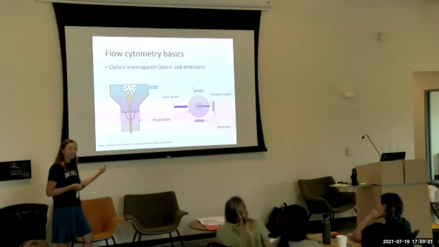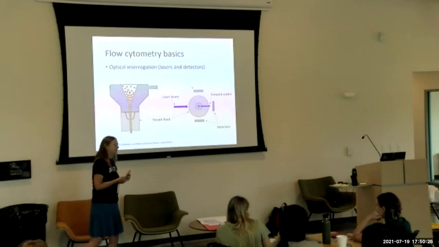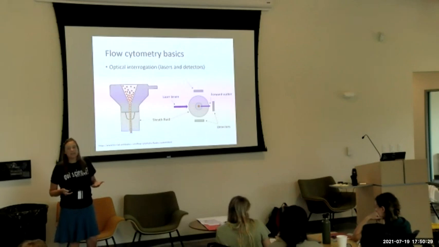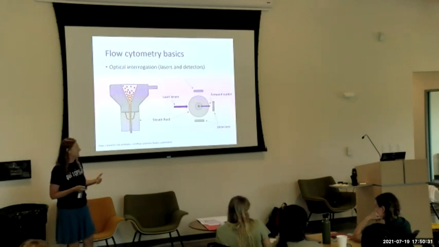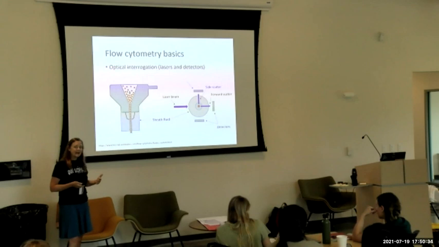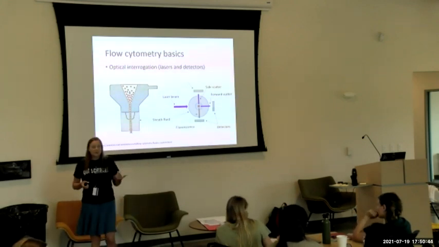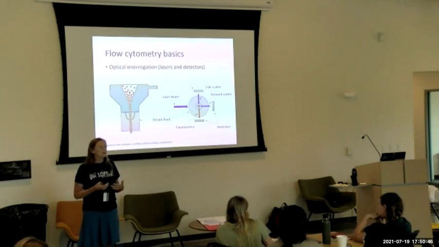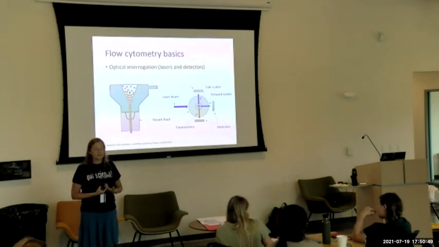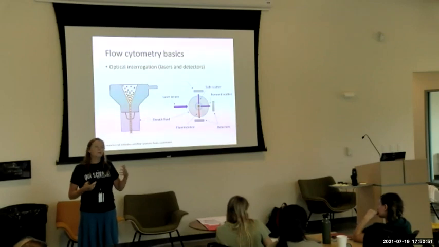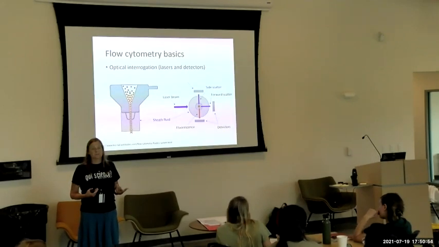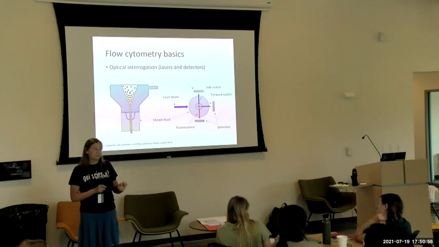So you can measure the forward scatter, which is dominated by diffraction and tells you a lot about the size distribution of a particle. You can look at side scatter, which tells you a lot about the composition and sometimes the shape of a particle. And if you were using a laser beam that was absorbed by phytoplankton, say in blue, you could measure the red fluorescence that results from that excitation. So for every cell, you're getting tremendous amounts of information, and you can always link it back to that original cell.